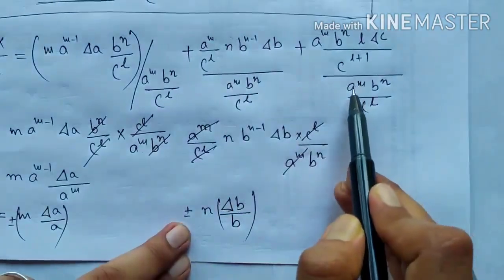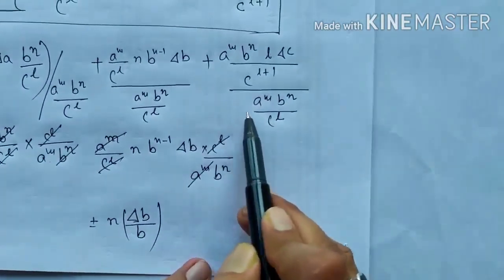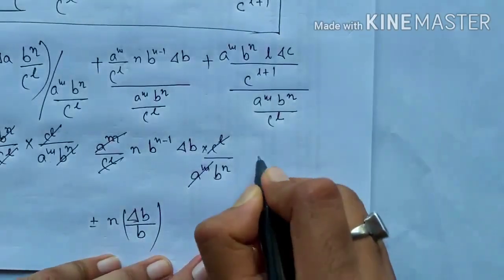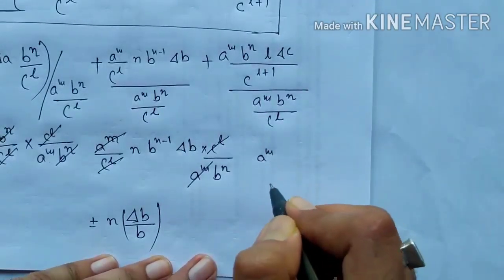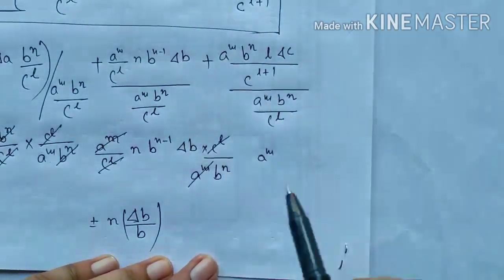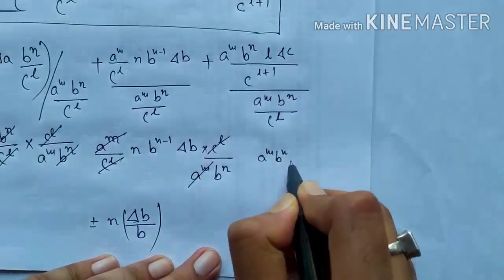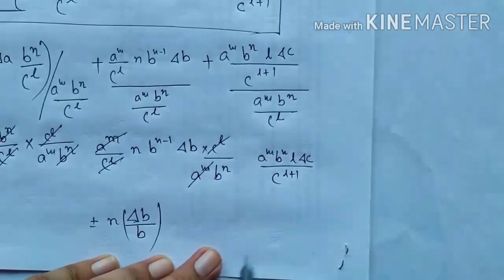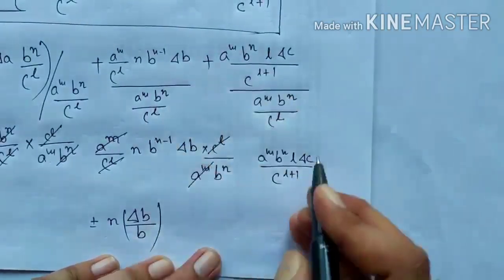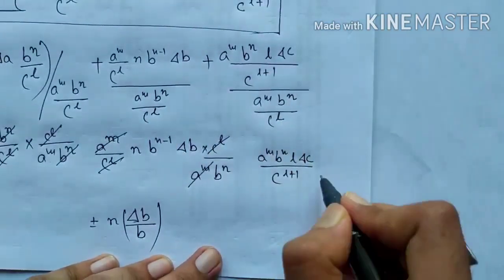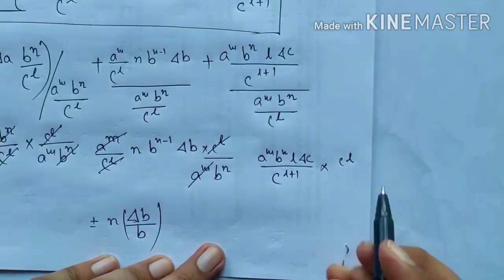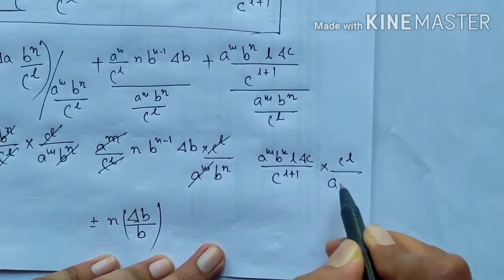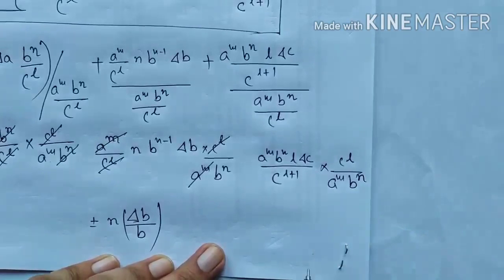Now let us focus on this term. It will be a to the power m, this is the term which I am writing, b to the power n l delta c divided by c to the power l plus 1, it is already the parent term, multiplied by c to the power l divided by a to the power m b to the power n.